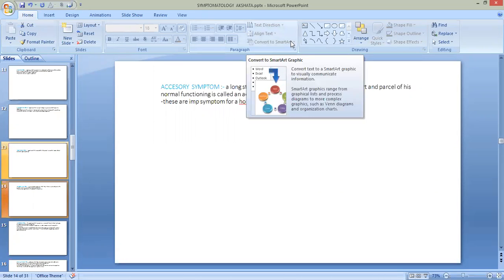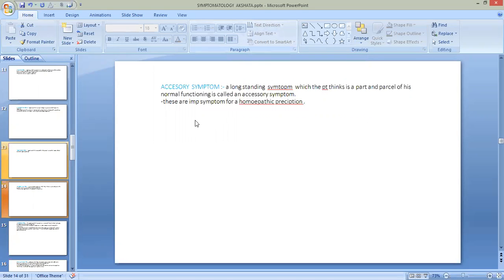Then accessory symptom. Accessory symptom means a long standing symptom which the patient thinks is part and parcel of his normal functioning. These are important symptoms for homeopathic prescription.